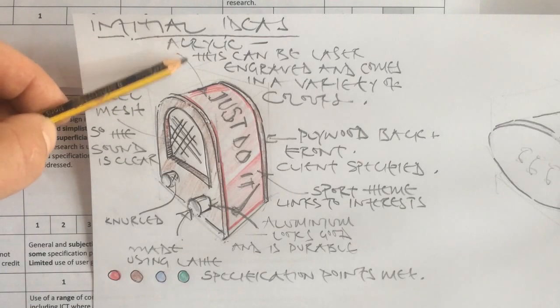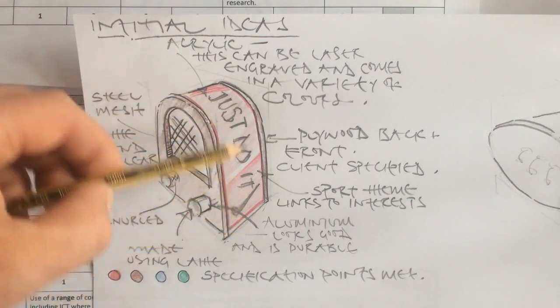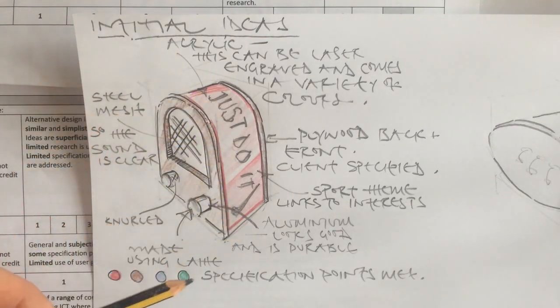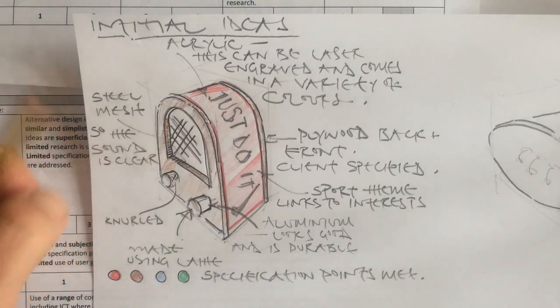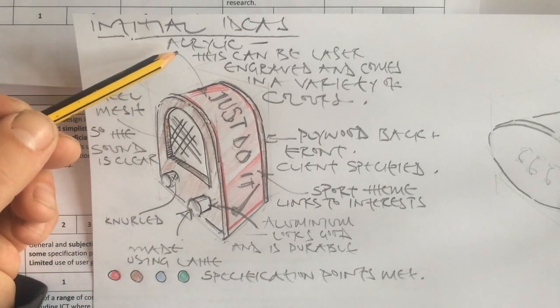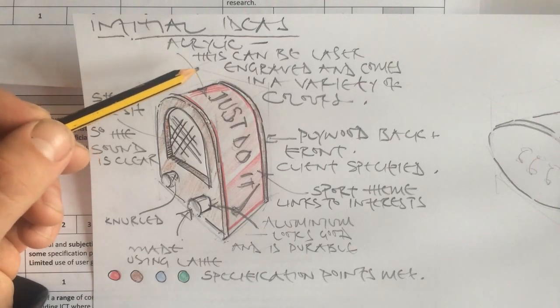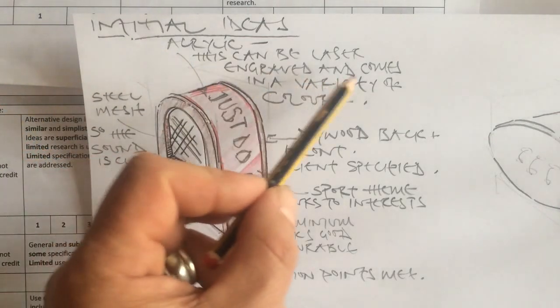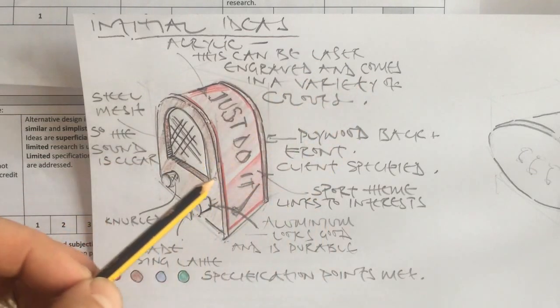Okay, the side of this particular radio, it might be you're doing a lamp and not a radio at all, but the same information is important. This side panel is acrylic, and you can see that I've decided to use this because it can be laser engraved and comes in a variety of colours.